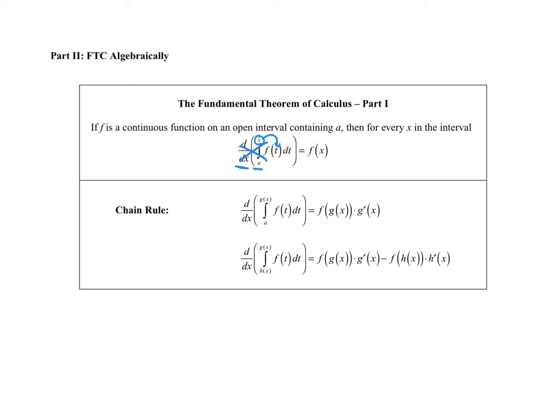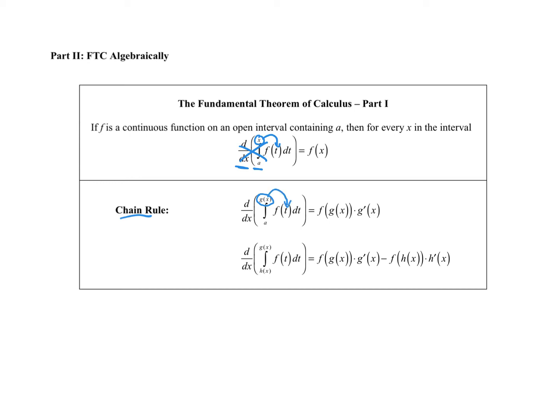But in this case, we're also going to do some examples where up here we have not just an x, but maybe some other function like x squared or 2x plus 3 or something a little more involved. And in that case, it's going to involve the chain rule because you get a composite function.